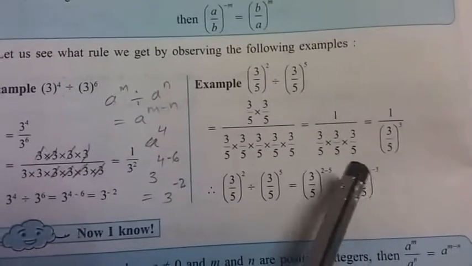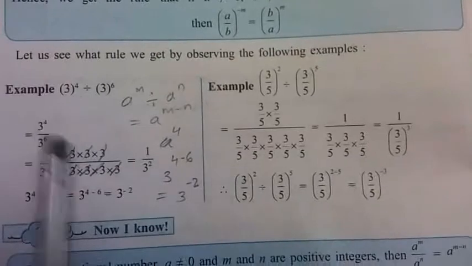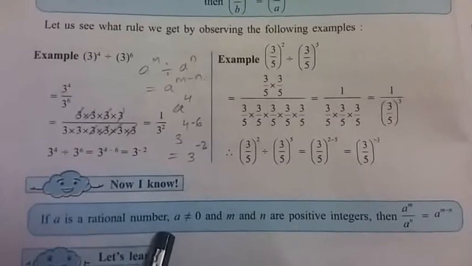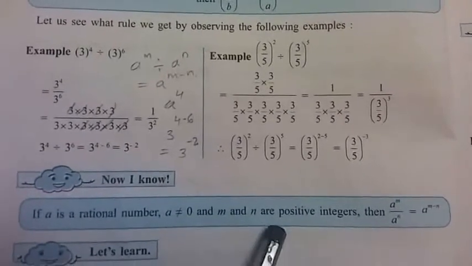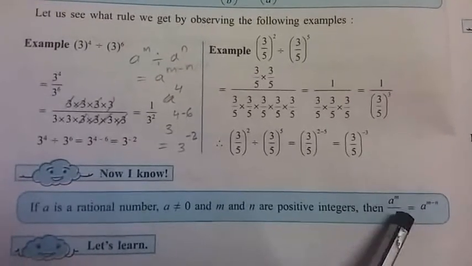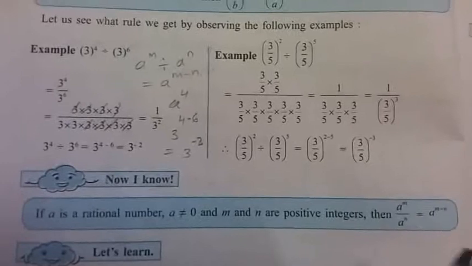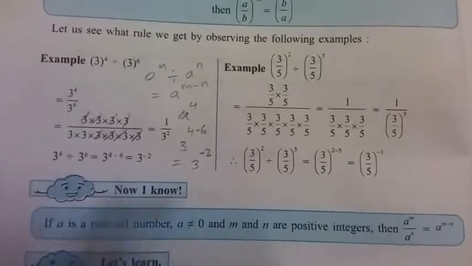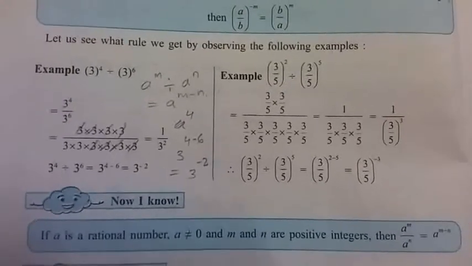Means your final answer is 3 upon 5 raised to minus 3. Both the examples are similar. If a is a rational number, a is not equal to 0 and m and n are positive integers, then a raised to m divided by a raised to n is equal to a raised to m minus n. You have learned all the formulas. The formulas are useful for solving the problems.